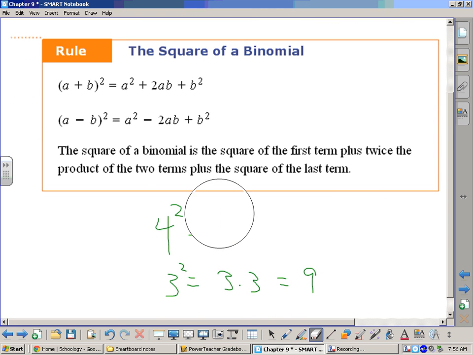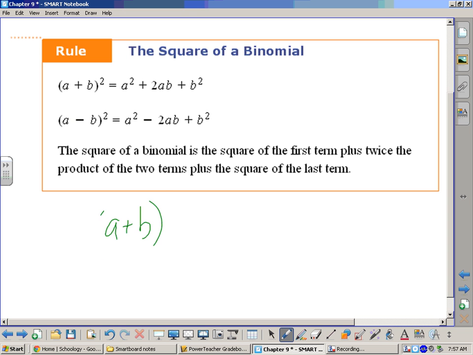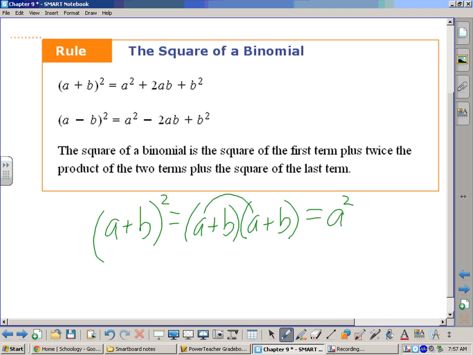So here is the formula that you will get if I have a plus b squared. That's a plus b times a plus b. Now, we learned the FOIL method today. We take the first terms, a times a, which is a squared. Then the outside terms, which is a times b.